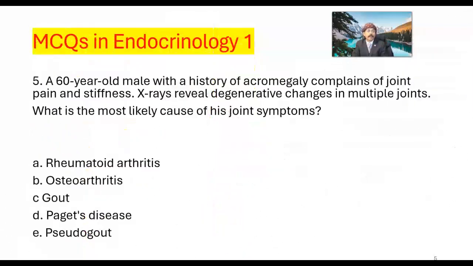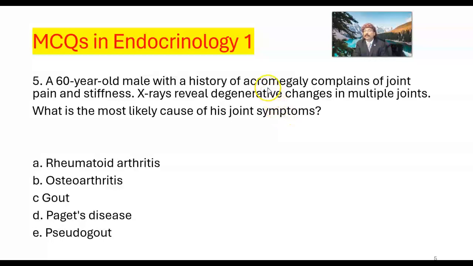Okay. Then question number 5. A 60-year-old male with history of acromegaly complains of joint pain and stiffness. X-rays reveal degenerative changes in multiple joints. What is the most likely cause of his joint symptoms?